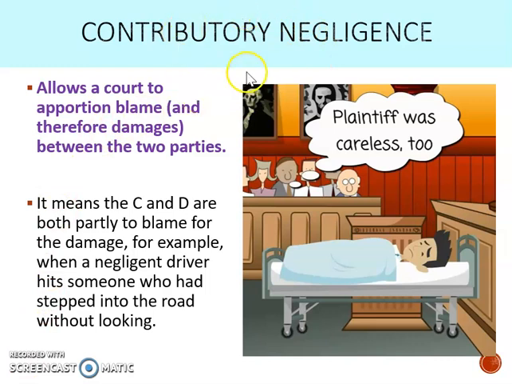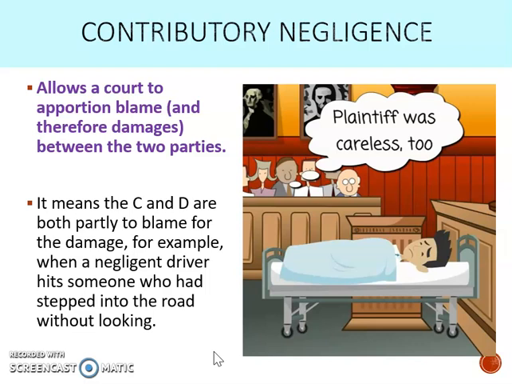So this defence is quite nice because we can apportion blame. And what we really mean by apportioning blame is that we recognise that the claimant and the defendant are both partly to blame for the damage. So a classic example of this would be when a negligent driver hits someone who's stepped out into the road without looking, or if perhaps a negligent driver crashes, but the passenger isn't wearing a seatbelt.